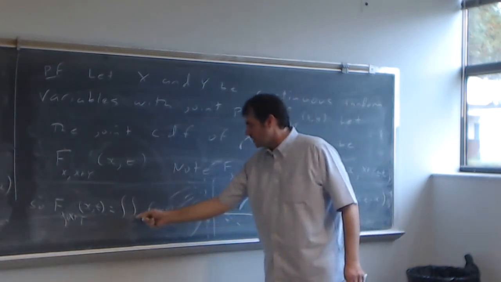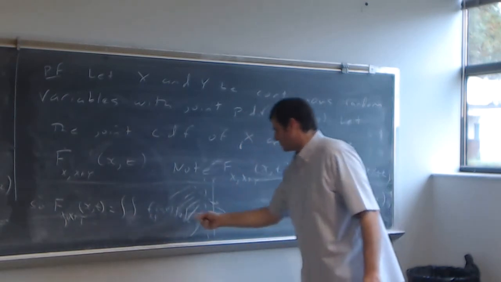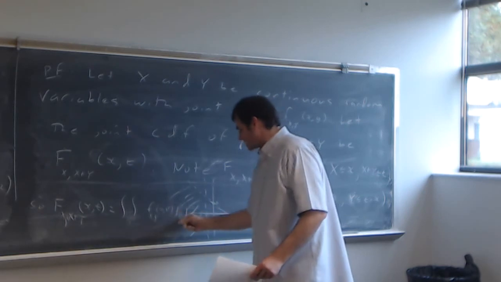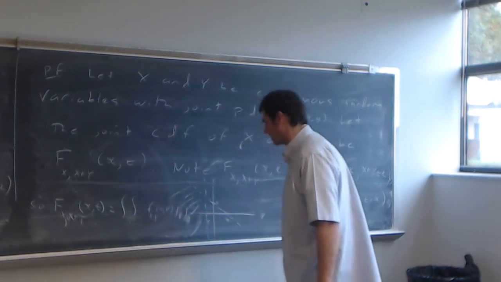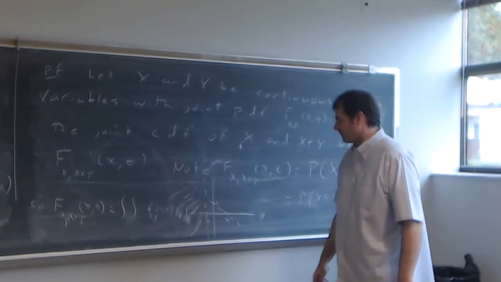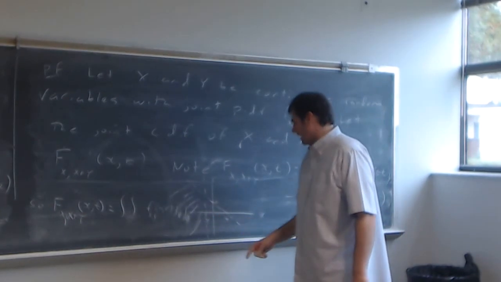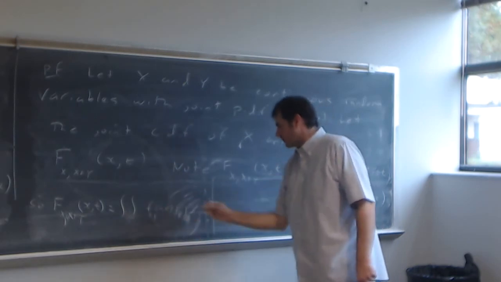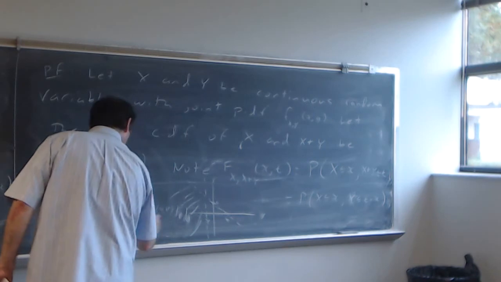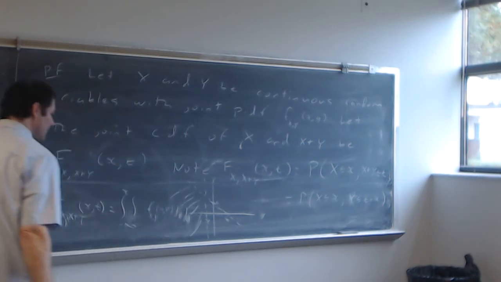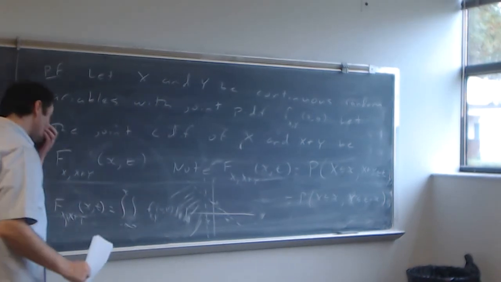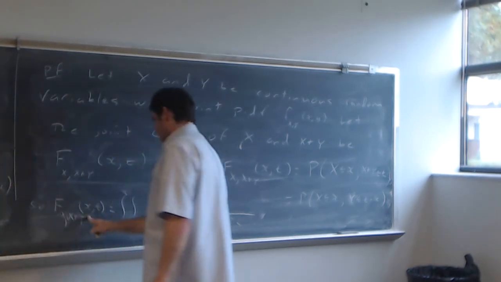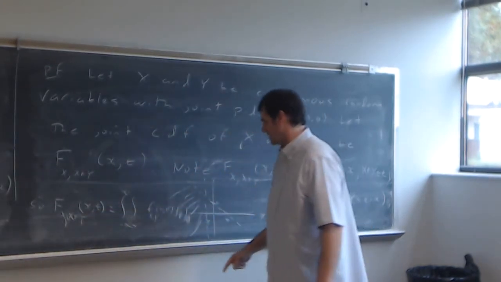But I'm going to change that and make it dv du. So v represents the y, and du represents the x. Now I look at the x values of this region, this horizontal part. It goes from minus infinity up to little x. So I put these dummy variables u and v here, because our integral has to equal, in terms of answers, something in terms of x and t.